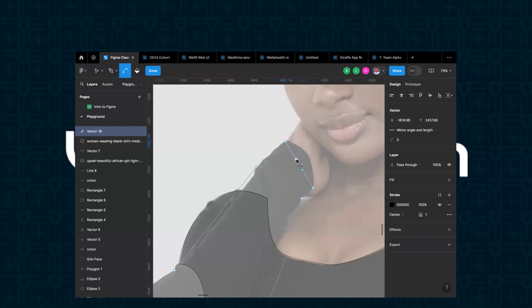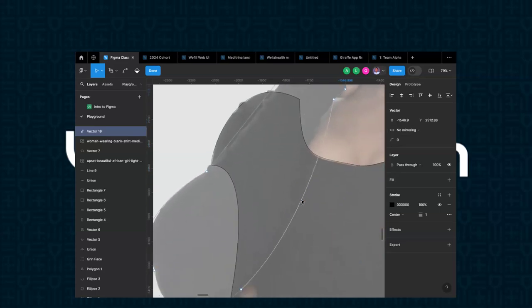Then this part, I don't want it to mirror. I'm doing the wrong thing. I should use the move tool to select this handle and then do no mirroring. Okay, it's no mirroring. Exactly, just like that. This one also no mirroring. I'll move it that way. So then this one is how I like it.